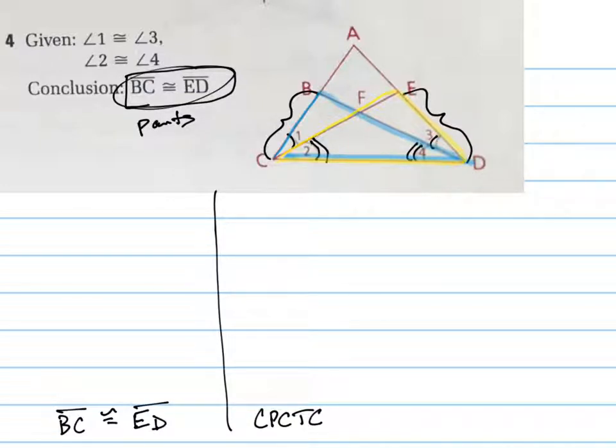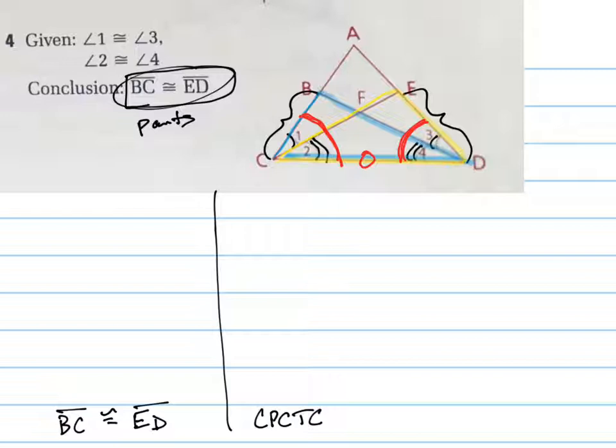I also want to show that this bigger angle right here, 3 plus 4, is one of the angles on the yellow triangle. And you see how 1 plus 2 is one of the angles on the blue triangle. So I want to show that those are equal to each other. This is my game plan. And I'm also going to show that that side CD, see how it's shared by the yellow and the blue triangles?